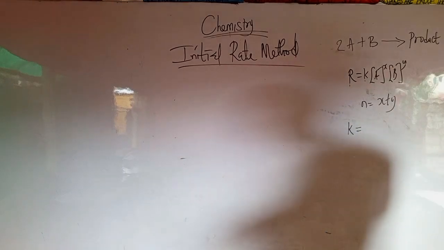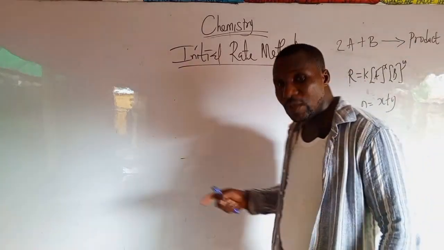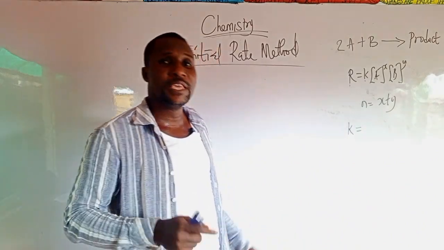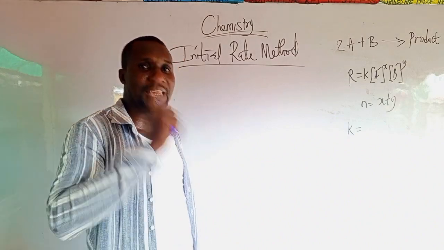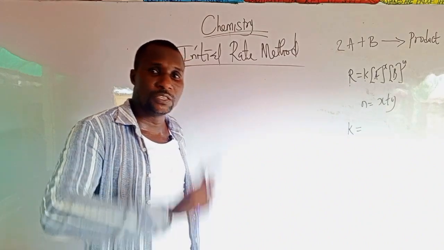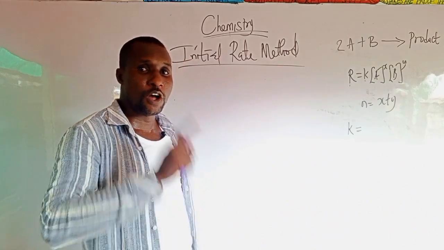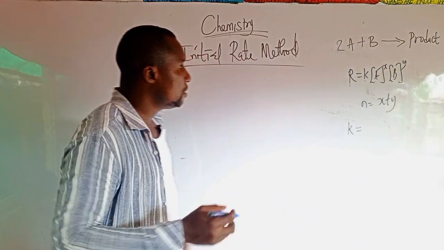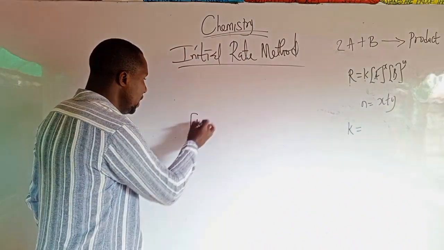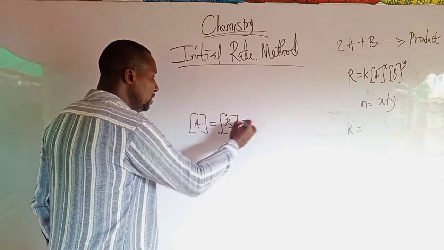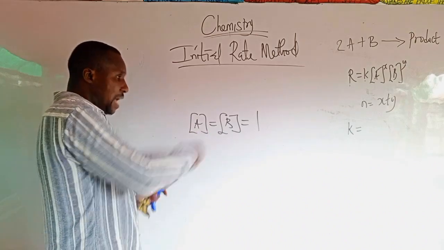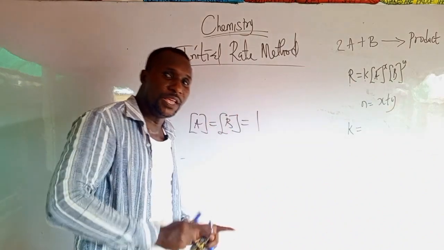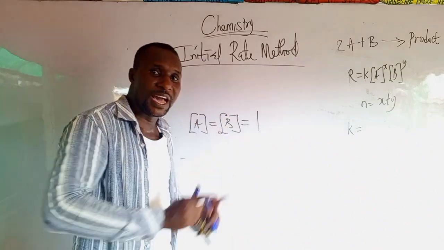When can we call K the specific rate reaction? When all the species in the rate law equation have a concentration of unity. For example, if the concentration of A equals the concentration of B equals 1, that means K will be the specific rate of reaction, or specific reaction rate.